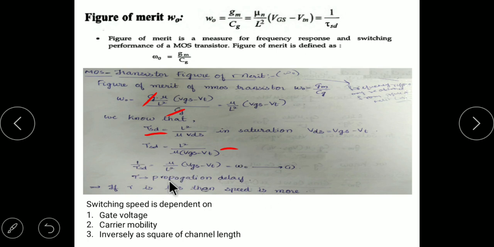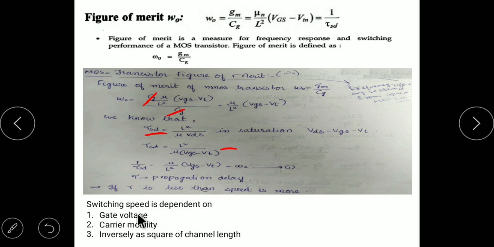Automatically, if time is less, speed is more. So the switching speed depends on gate voltage, carrier mobility, and inversely on the square of the channel length. This is the channel length, 1 by L square.